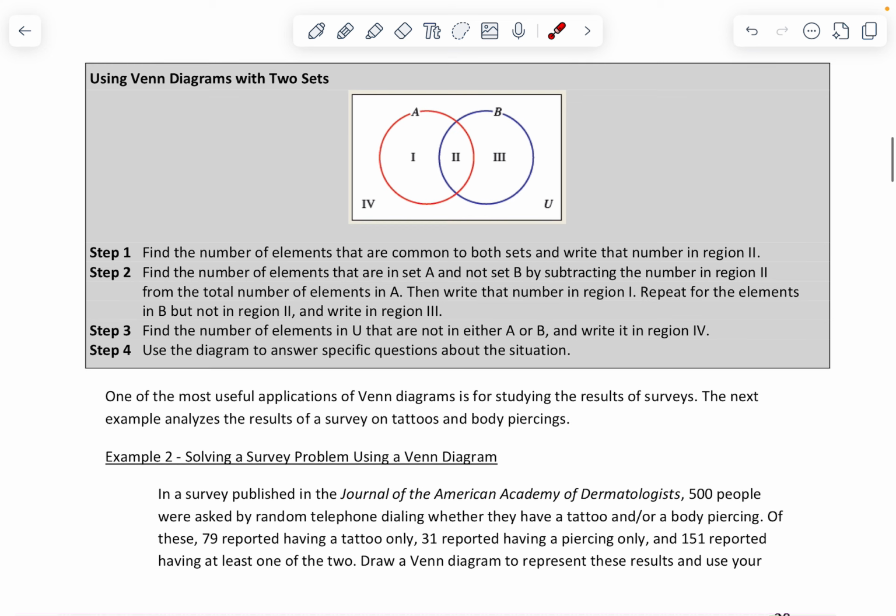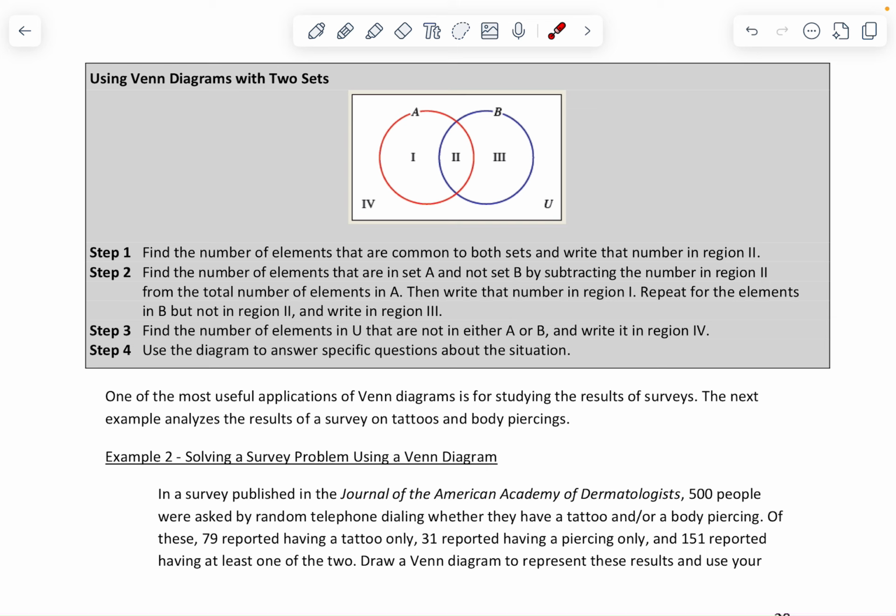So here's our example. In a survey published in the Journal of the American Academy of Dermatologists, 500 people were asked by random telephone dialing whether they have a tattoo and/or a body piercing.